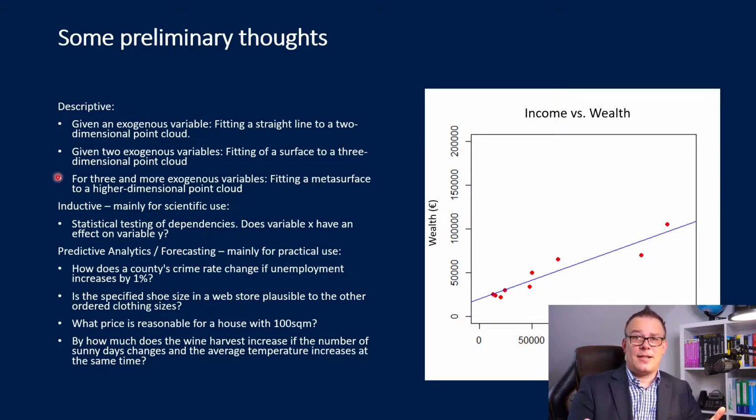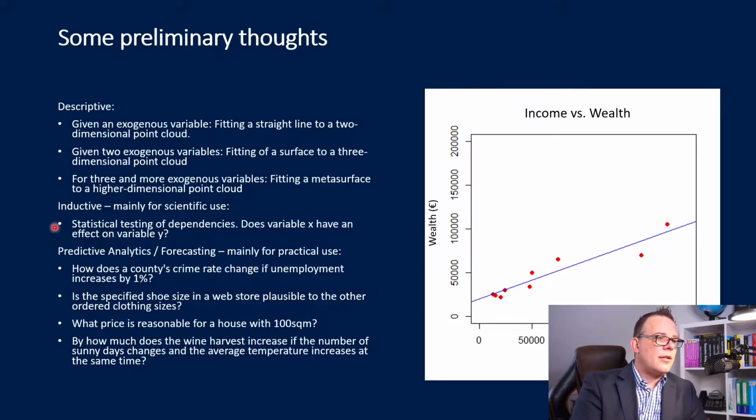Of course we can't display that. So we can kind of display a three-dimensional point cloud, hardly interpretable, nevertheless it is possible even in R, but for more than that we can't display it. Nevertheless, we can calculate it, we can make statistical tests on that.